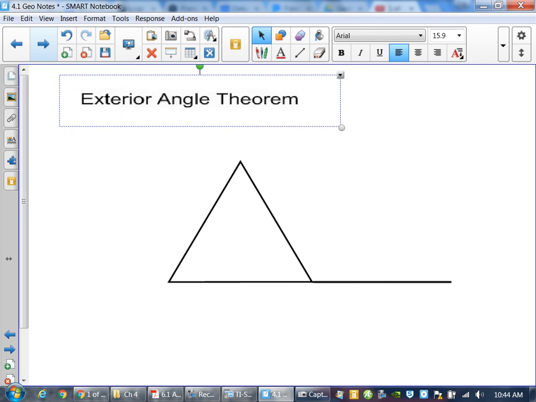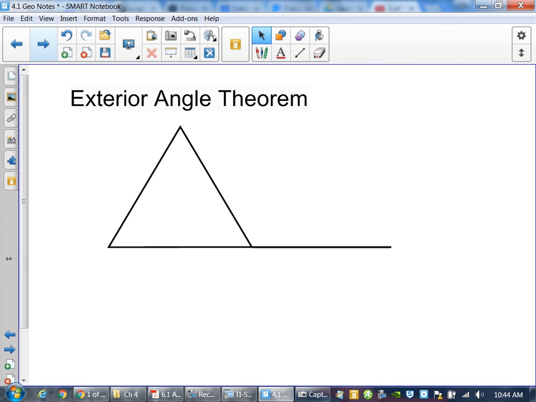What's called the exterior angle theorem. We did this last week. We did a proof like this, where I said that this outer angle is going to be equal to what? The sides of the triangles added up, right? Right, very good.